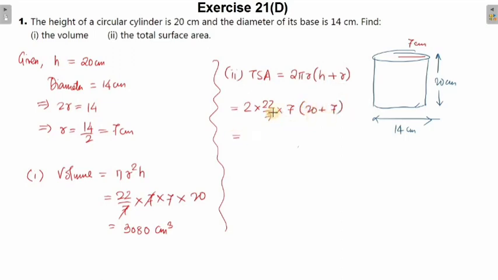Now 7 and 7 get cancelled, so we get 2 into 22 into 20 plus 7 is 27, isn't it? So 2 into 22 into 27. When you multiply all these numbers, you get 1188. Now this is the area, so your unit is going to be centimeter square.